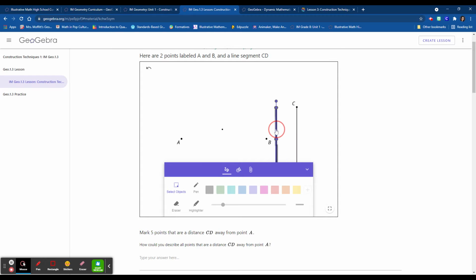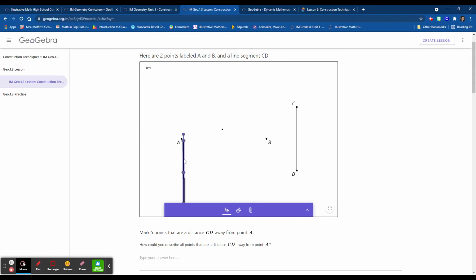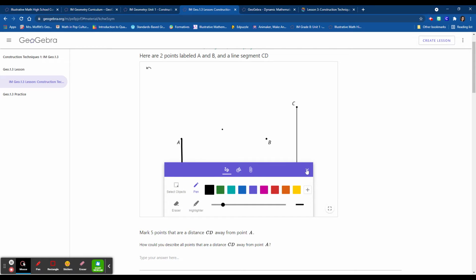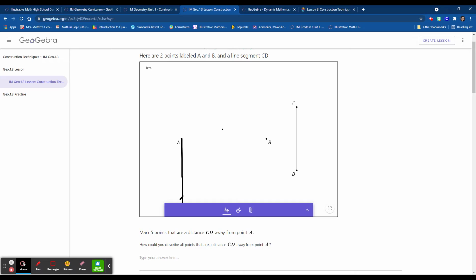I'm going to pick up that segment and bring it over so the end point of the segment is on point A. When I do that, where the other end point is, I'm just going to mark that point, let's do green.